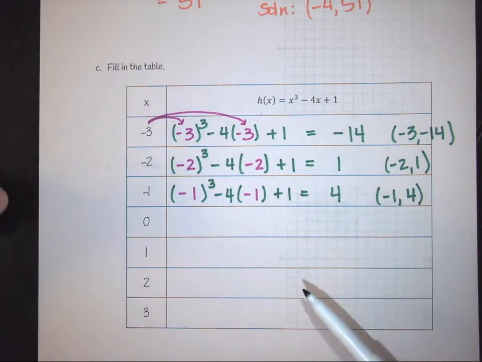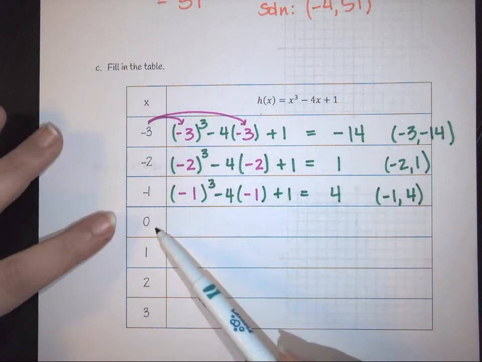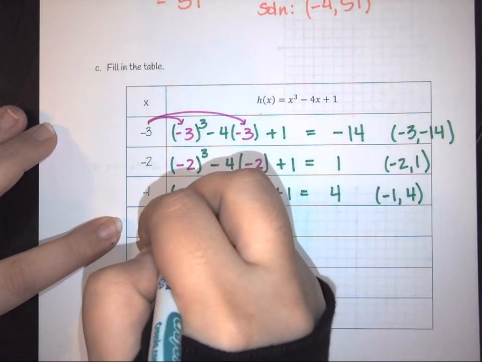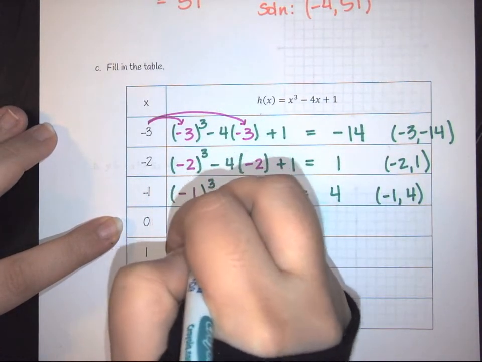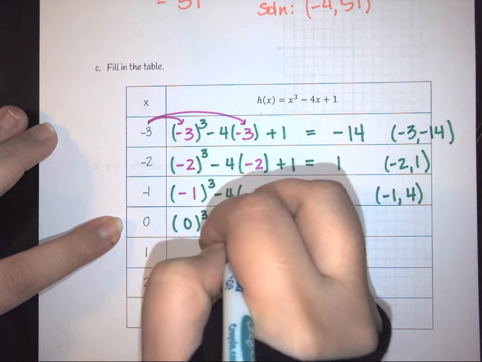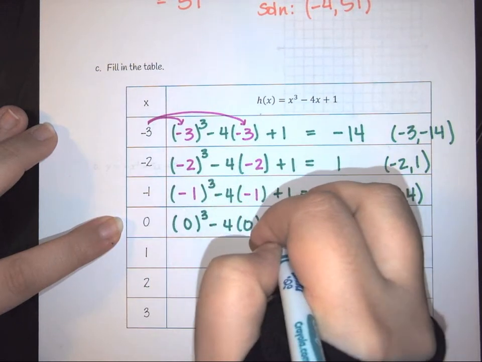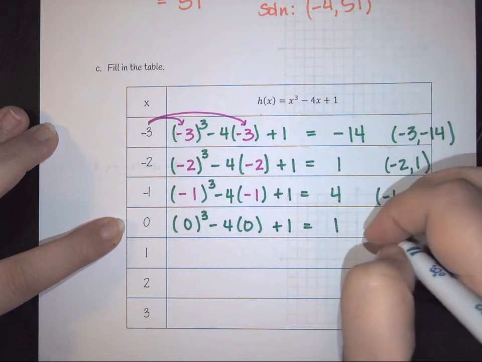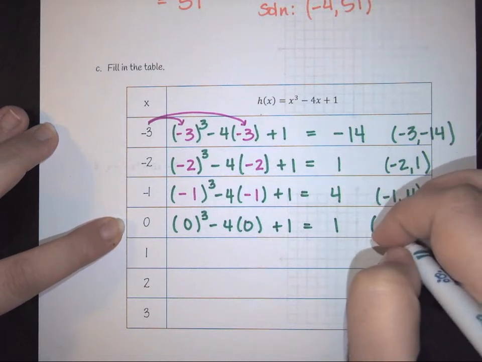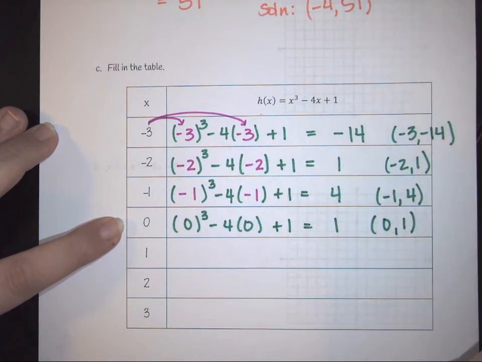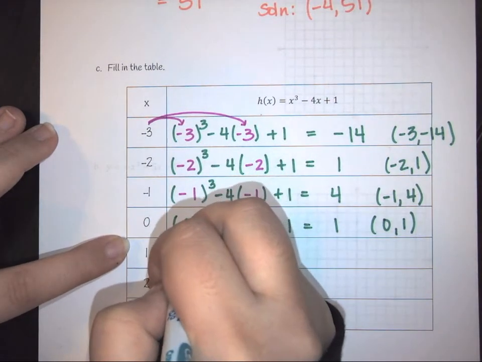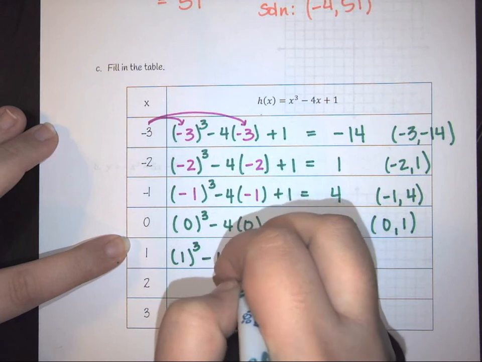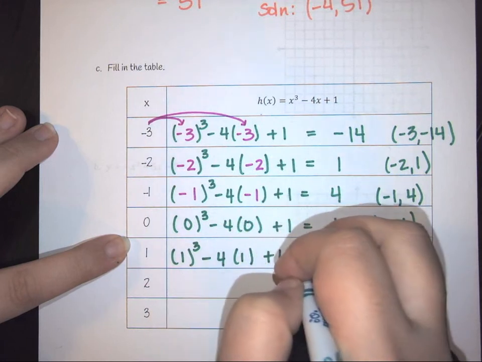Again, I can repeat the process for each, and now we would plug in the positives. So again, here it would be the same, that I would have 0 cubed minus 4 times my 0 plus 1 gives you 1 as an answer. So here, this is the point 0, 1. Now I have 1 cubed minus 4 times 1 plus 1.